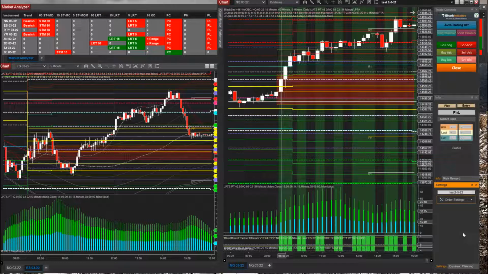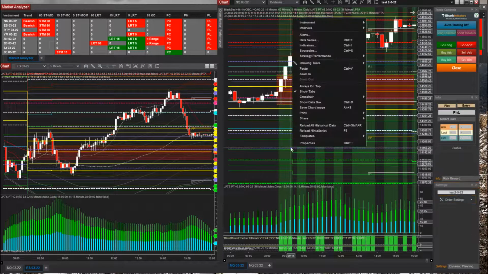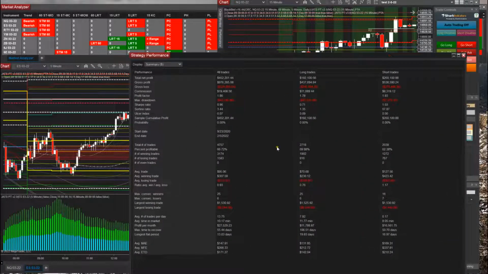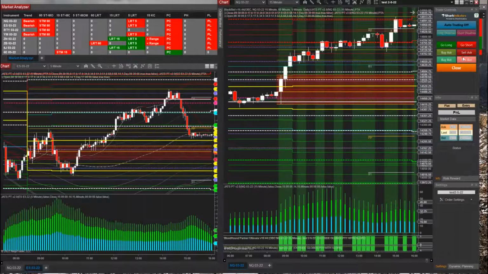So the template's set up for you, and you can backtest yourself and then customize this to perhaps backtest further using your own methods. Like I said, go back, look at the outliers, try to find out what happened.